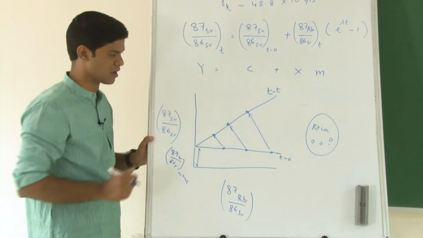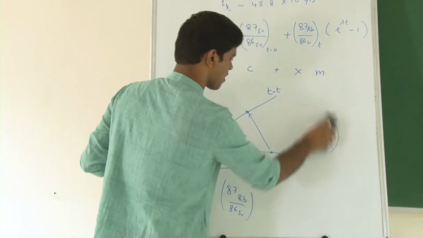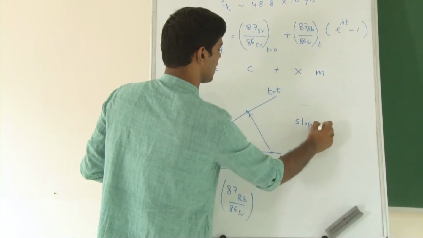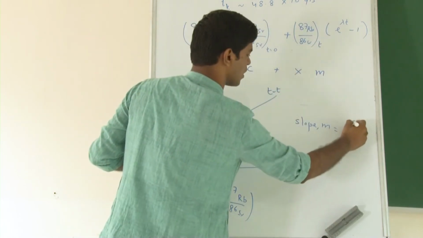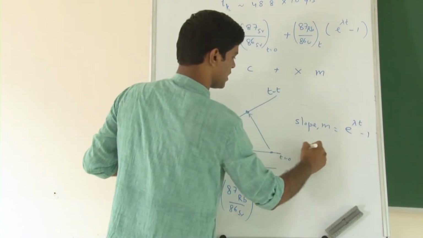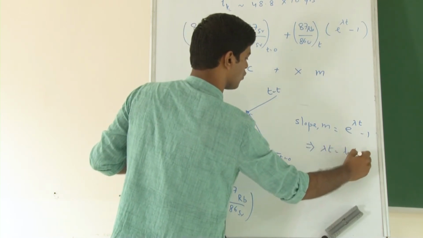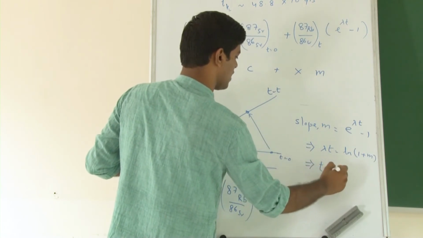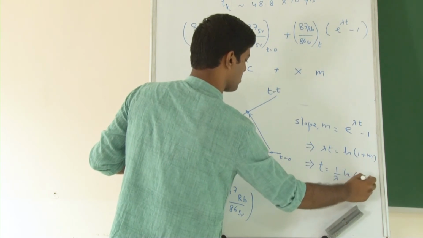The slope of this line, let us say m, will be equal to e to the power lambda t minus 1. That means lambda t will be log of 1 plus m. That means if you are interested in finding the time, that should be 1 by lambda times log of m plus 1.